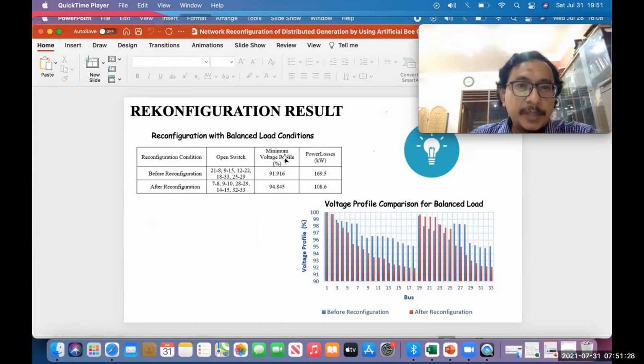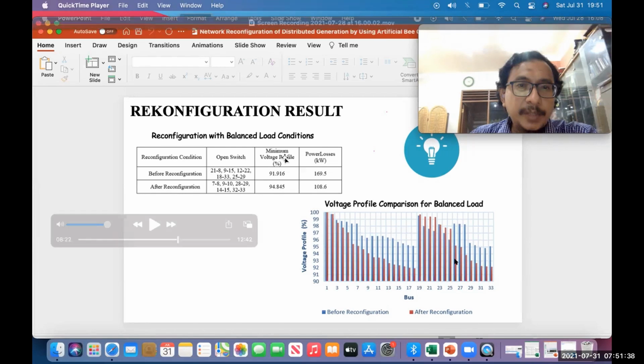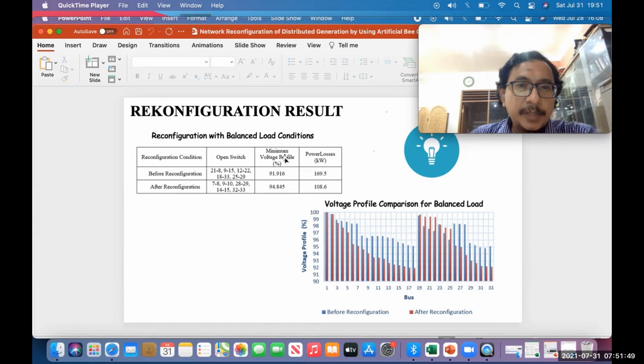And before reconfiguration, the voltage profile is on average 95%.